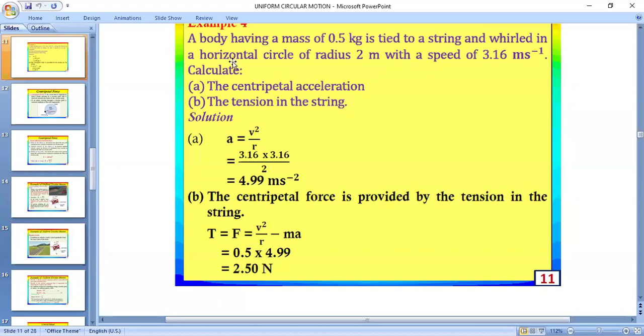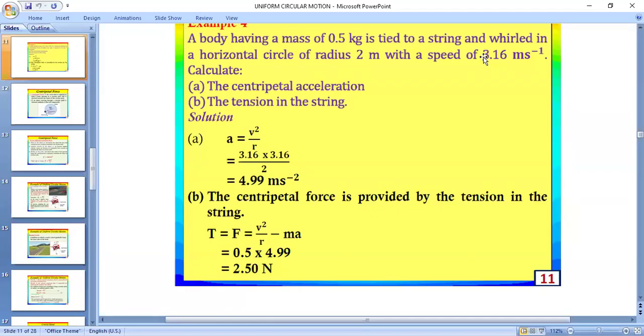When we have a horizontal circle, we don't involve mg, which has been done here. You simply say tension T equals mv squared over r. So mass times velocity squared, that is 0.5 times 3.16 squared divided by 2.